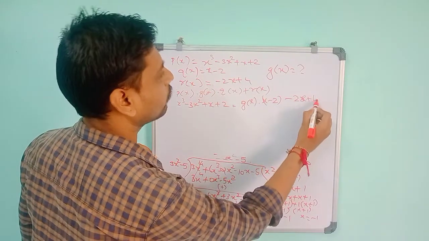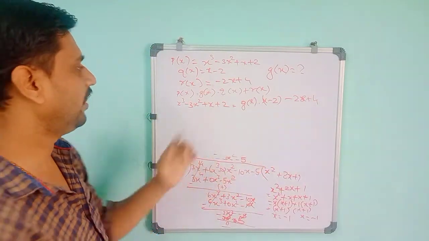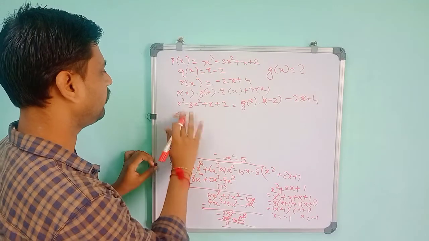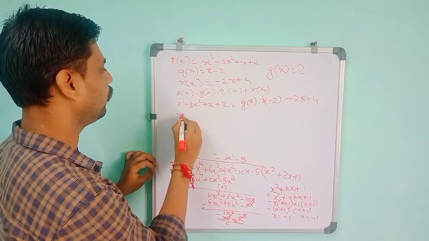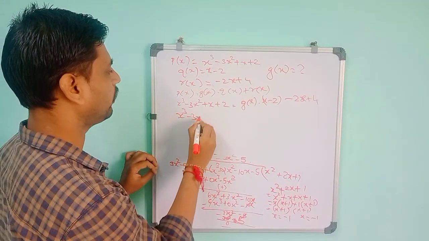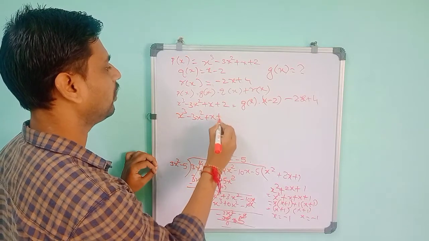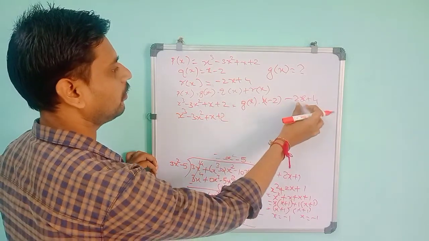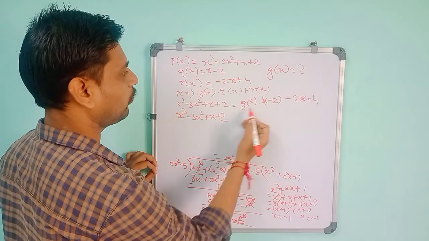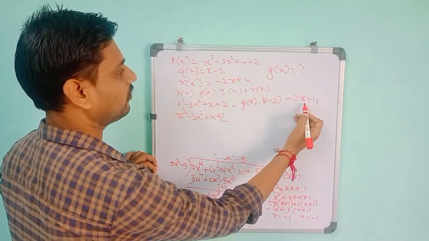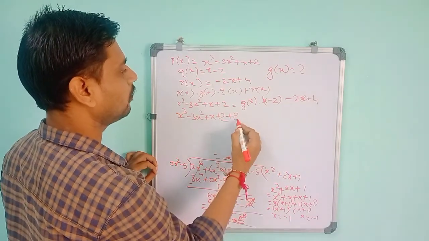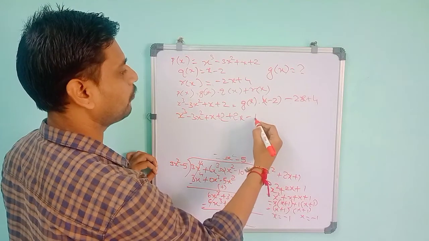So send this to the other side, and the sign will change. So minus 2x becomes plus 2x, and plus 4 becomes minus 4.